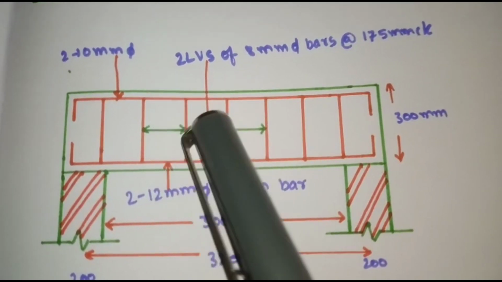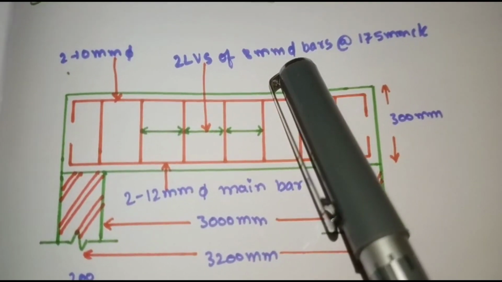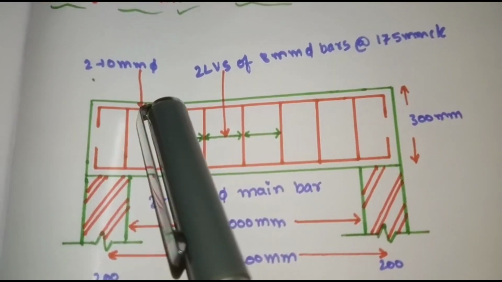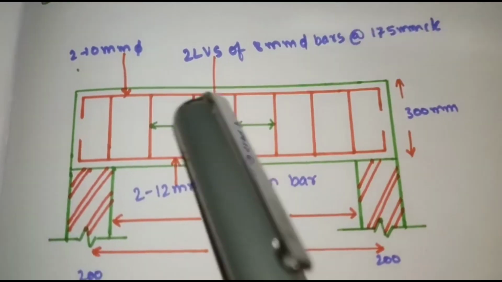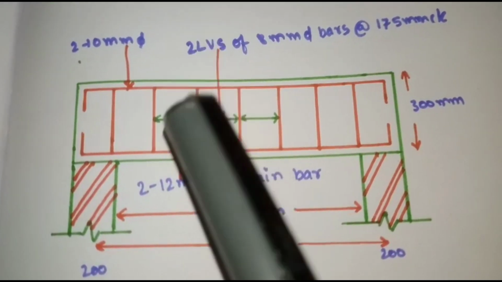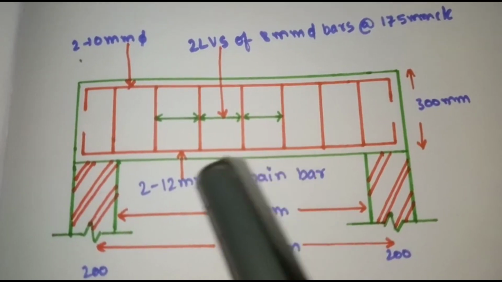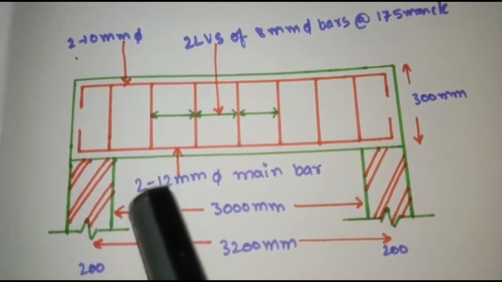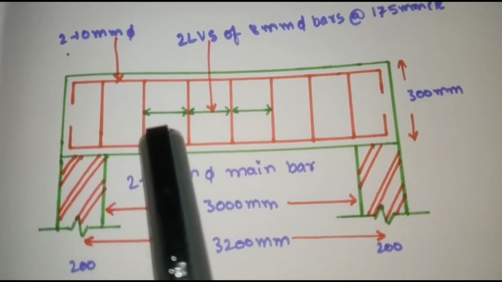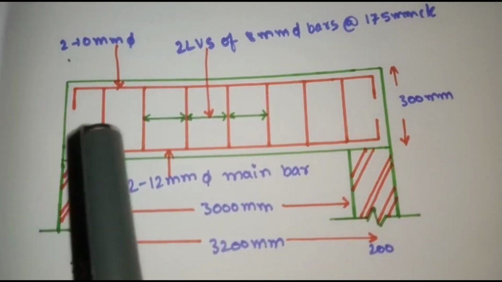These are the two-legged vertical stirrups of 8 mm phi bars at 175 mm center to center. This is the hanger bar to support the vertical stirrups. We have provided hanger bars, 2 numbers of 10 mm phi bars, and this is the main bar. At tension side, we have provided 2 numbers of 12 mm phi bars, and these are the vertical stirrups which you are seeing.